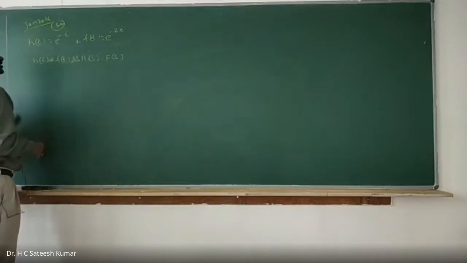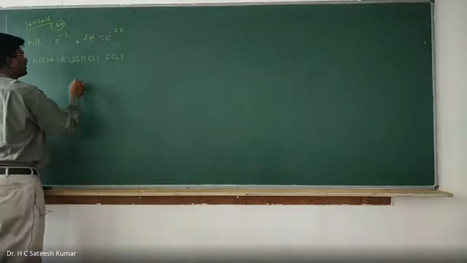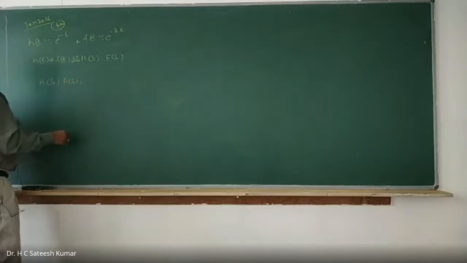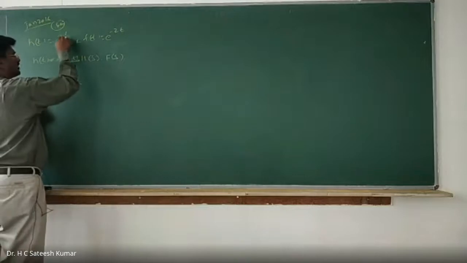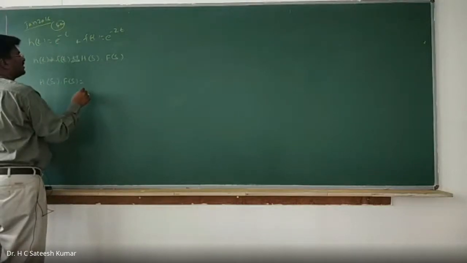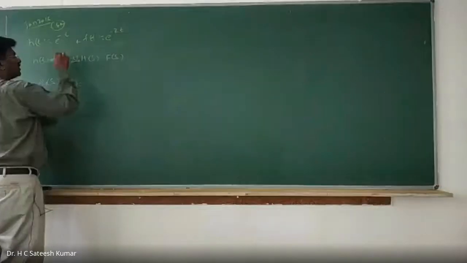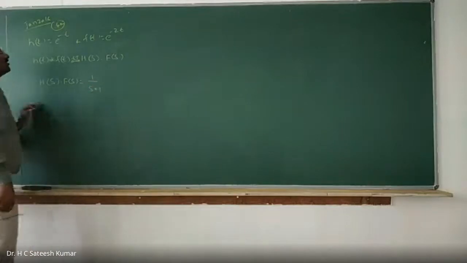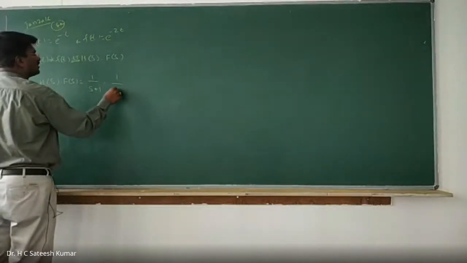So H(s) into F(s) is the Laplace transformation of e to the power of minus t, which is 1 over (s plus 1), into 1 over (s plus 2).